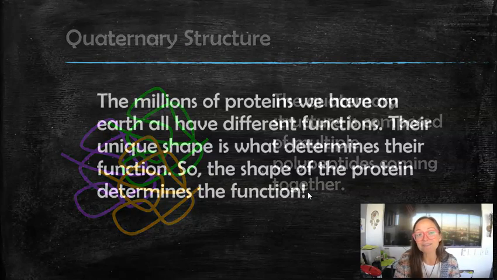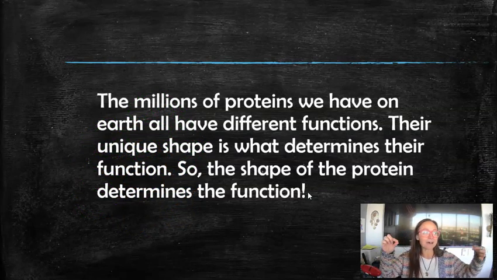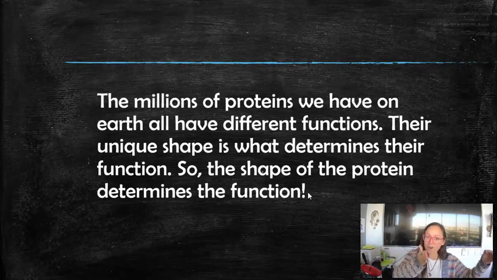And so when we think about the wide diversity of proteins on Earth, it really comes down to the sequence of the first step, the sequence of amino acids and what R groups they have. And then those R groups will really determine the shape of the protein. And it's super important to remember that the shape of the protein is how it does its job. So shape determines function.